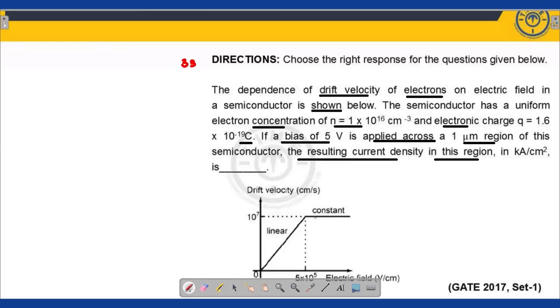Now, my dear friends, we need to check what kind of quantity is being asked, that is the resulting current density. First of all, let me find the electric field.